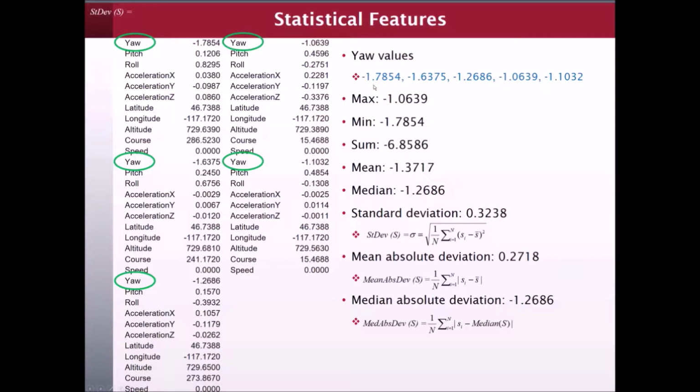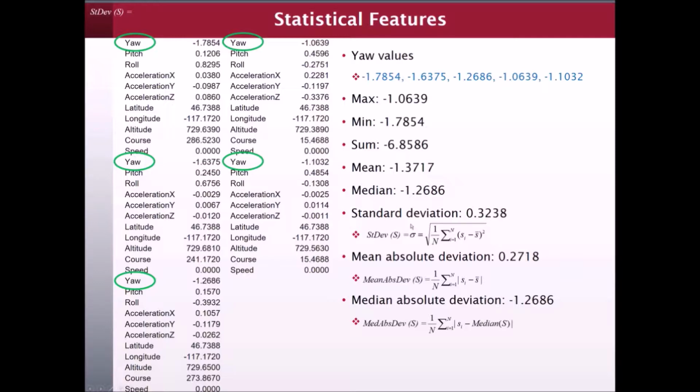We've summarized at the top of the slide the yaw values collected over the 5 seconds, and the statistical features representing yaw over this duration can include the maximum and minimum values observed, the sum of the values, the mean and median. We can also compute standard deviation, where in this case s sub i represents each one of the particular values, and s bar represents the mean of the values.